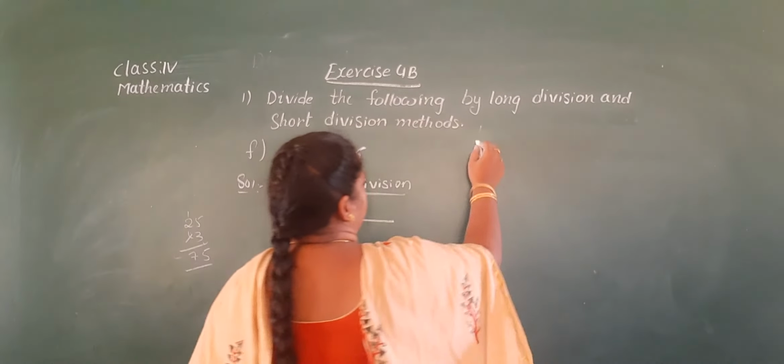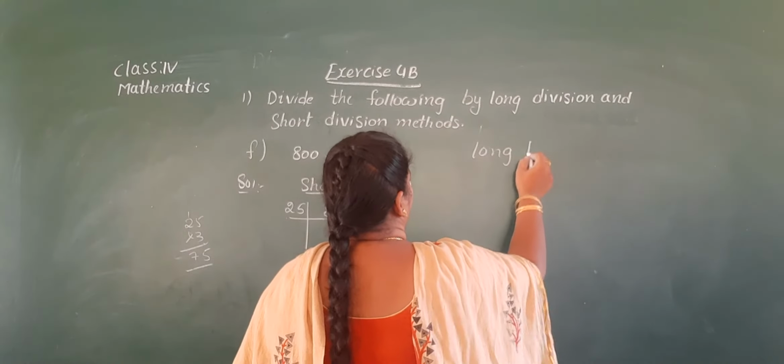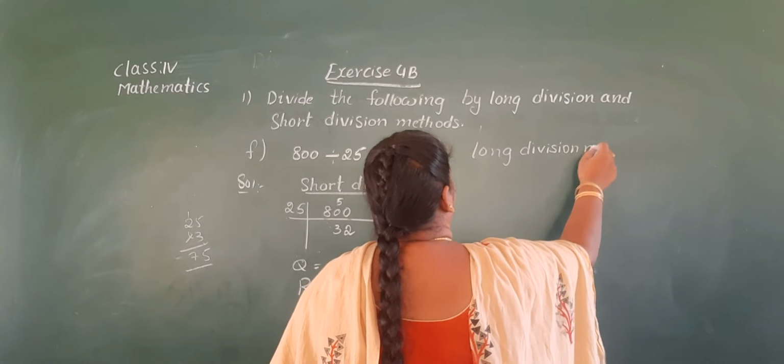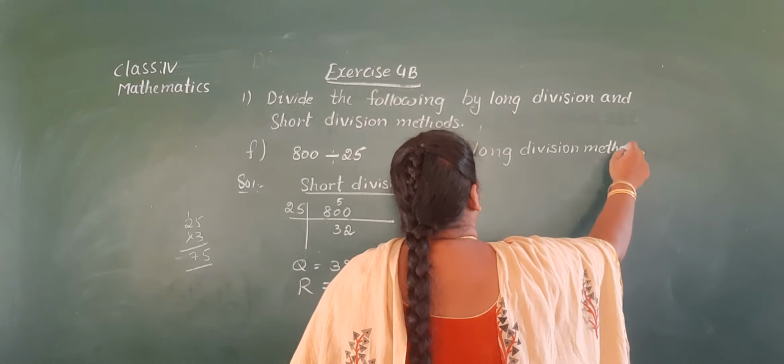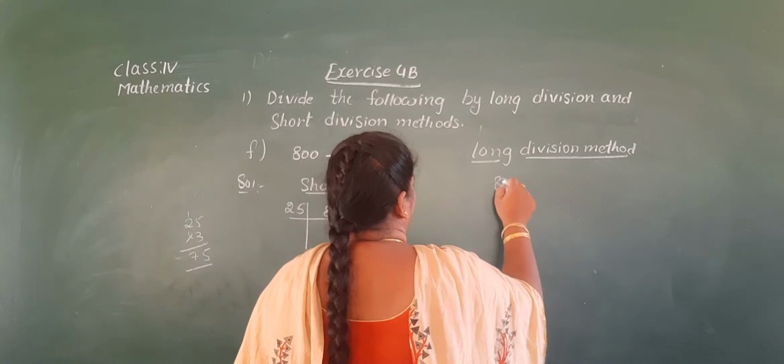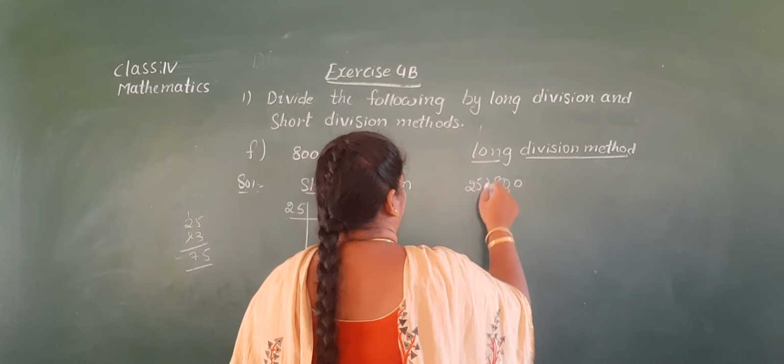Now we do the long division method. 800 divided by 25.